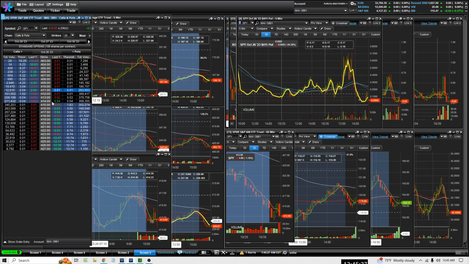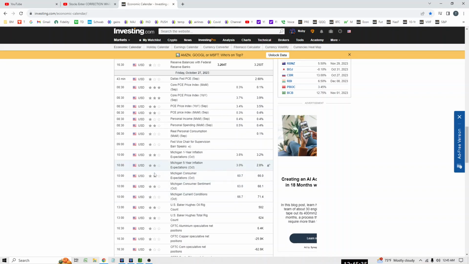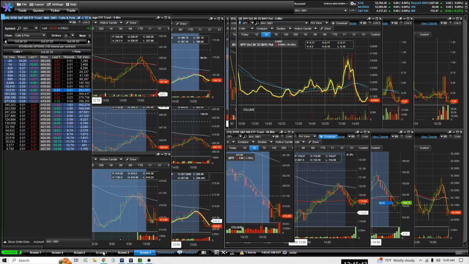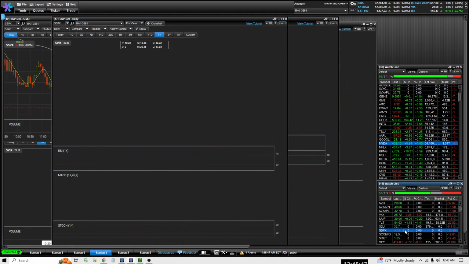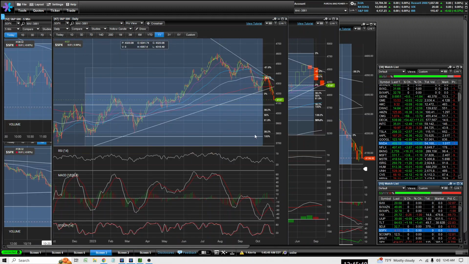So like I say, once this inflation number comes in, this consumer sentiment comes in, I'm going to see a lot of puts being bought up. So somewhere either 10 or 11, maybe it'll continue to go up, but there's going to be a reversal. That's my expectation, because I'm almost certain this target of 4,100 is set.